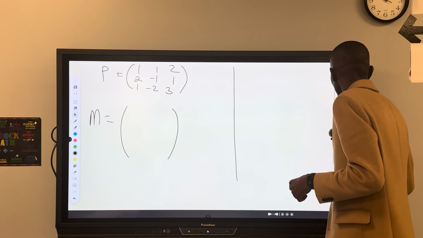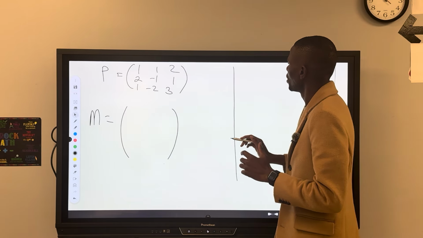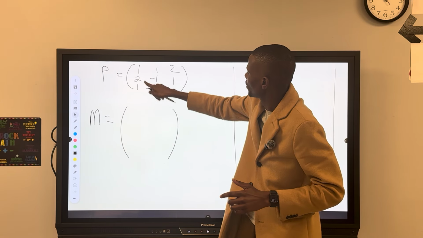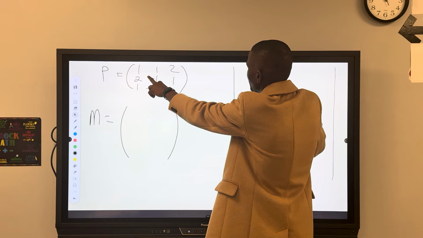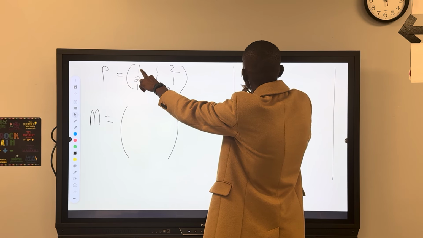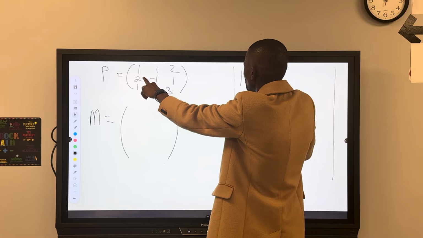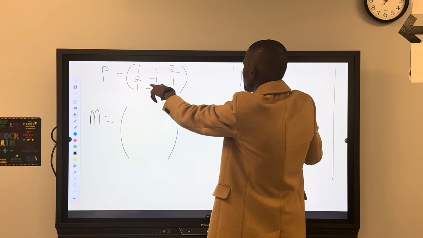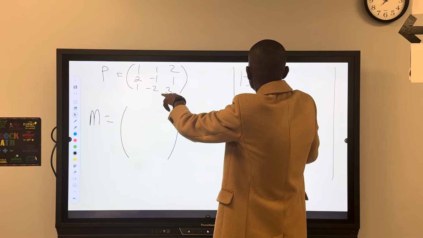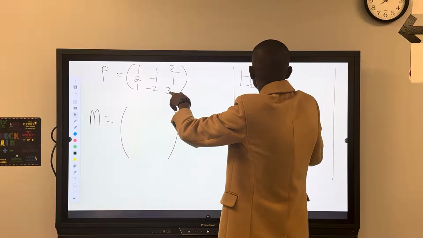It's going to be a big matrix, right? So you delete the row and column in which that first element lies. So we remain with negative 1, 1, negative 2, and 3, right?